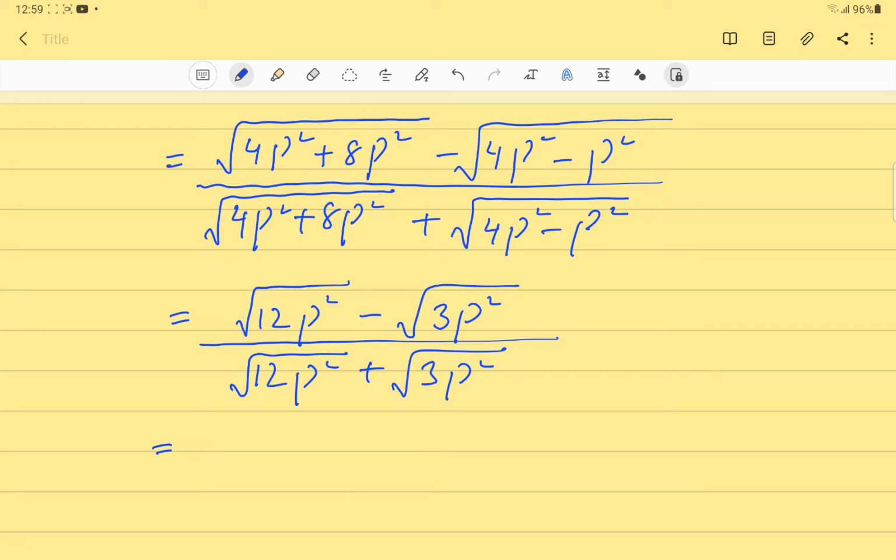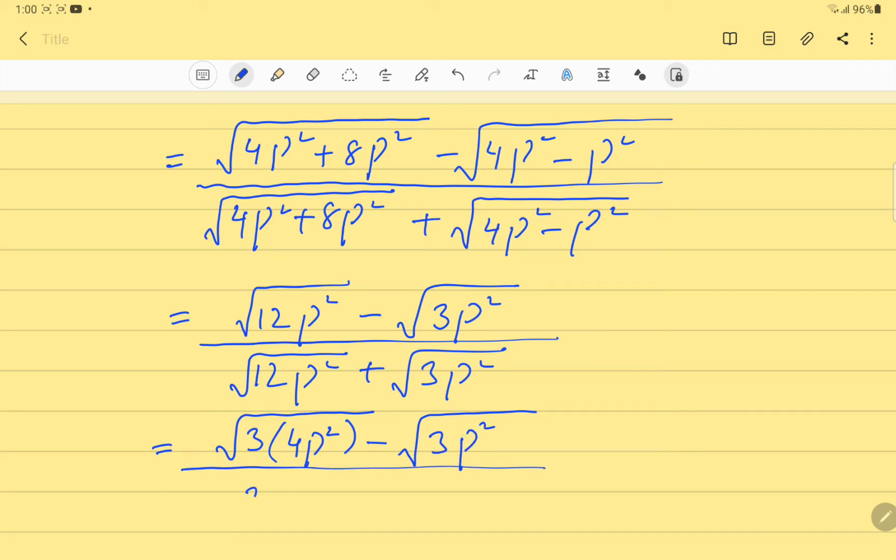Okay, now we will solve it. 12p squared can be written as 3 into 4p squared, and the same for the other term. Sorry, this will not be 4, this will be 2.